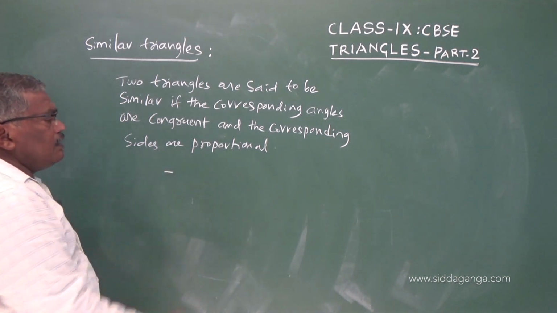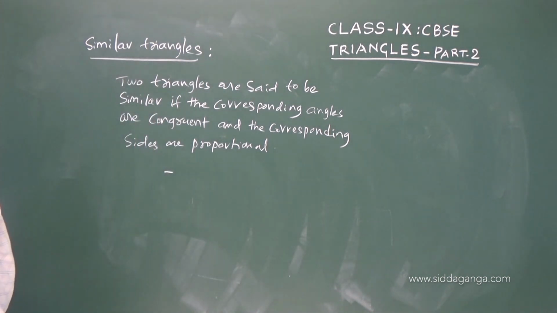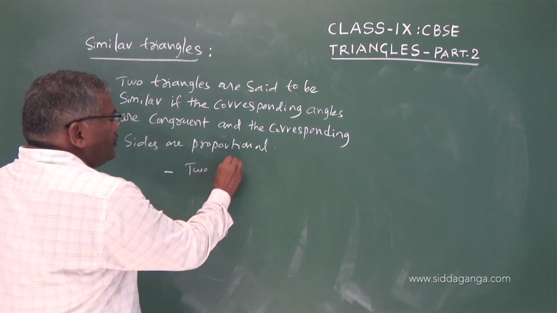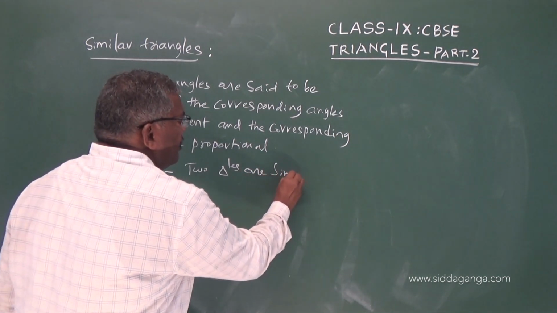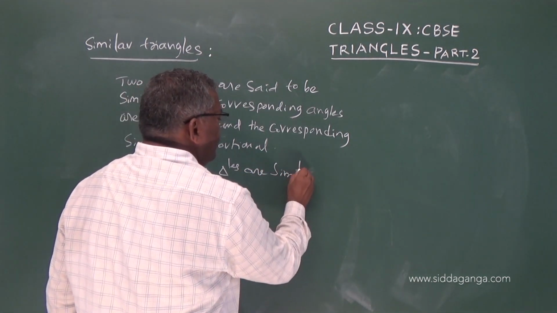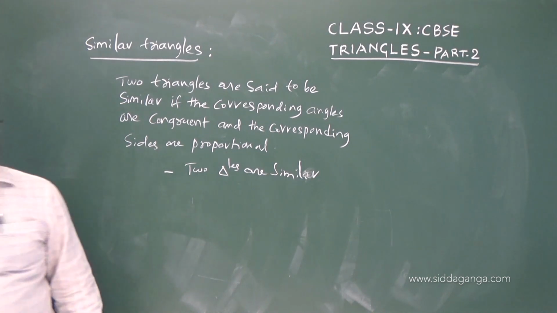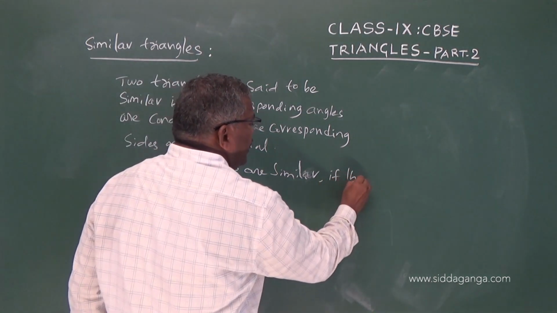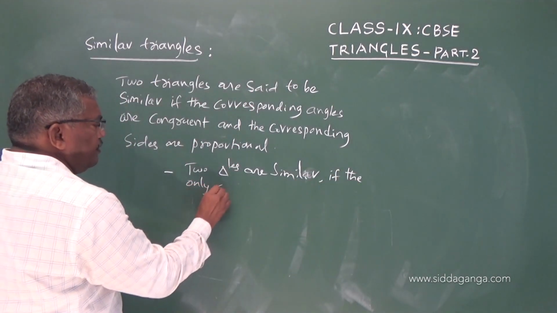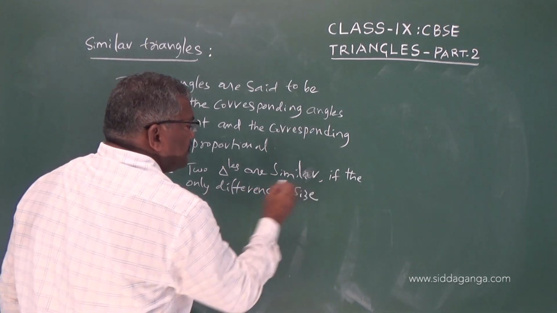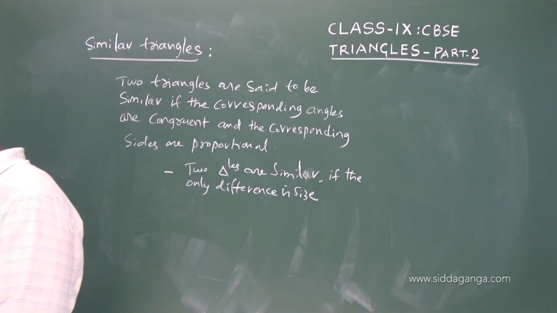See, we can have it like this. Two triangles are similar if the only difference is size, so in shape they are equal.